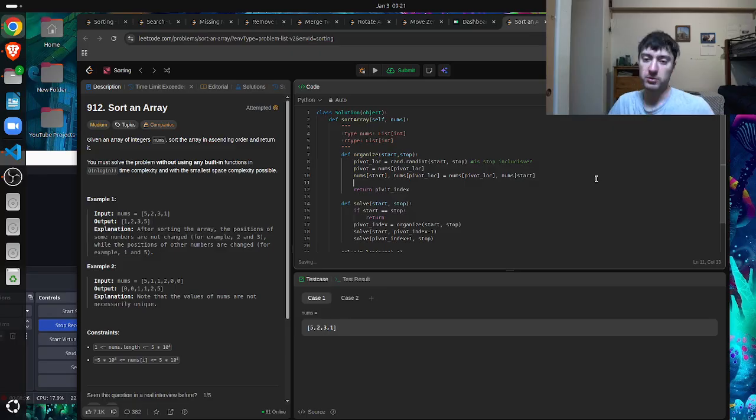Now what we should be able to do is use fast and slow pointers. I think there are actually 2 ways of solving this question. One is with 2 pointers that go in like this. The other one is with fast and slow pointers. So let's first do fast and slow. Slow is equal to start, okay? Like this.